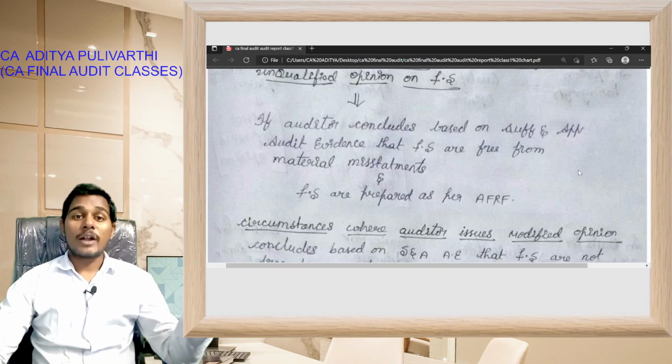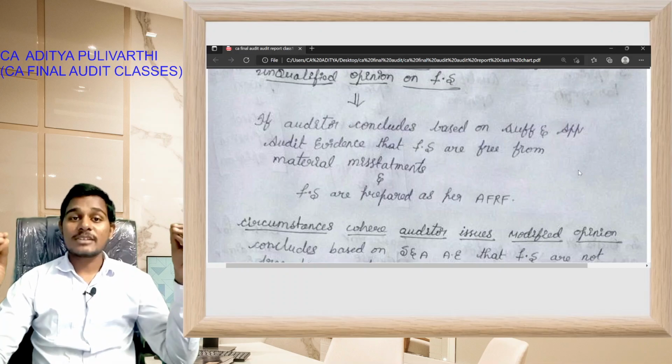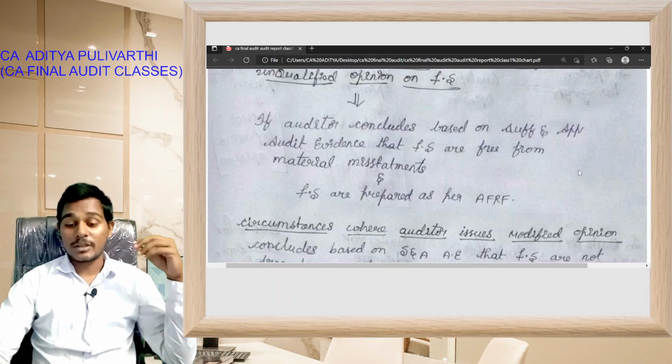In this case, the auditor concludes based on sufficient and appropriate audit evidence that the financial statements are free from material misstatements and are prepared as per the applicable financial reporting framework, then the auditor issues an unqualified opinion, unmodified opinion or clean opinion.